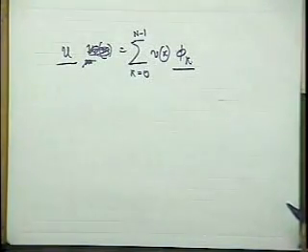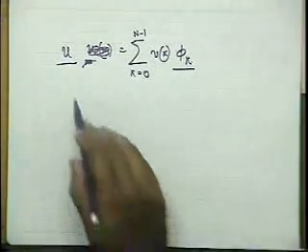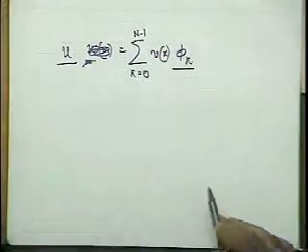I think this is quite obvious, because we are getting the original vector as the summation of all the individual basis vectors, and each basis vector is being multiplied with its corresponding coefficient V k, which we have seen even for images.